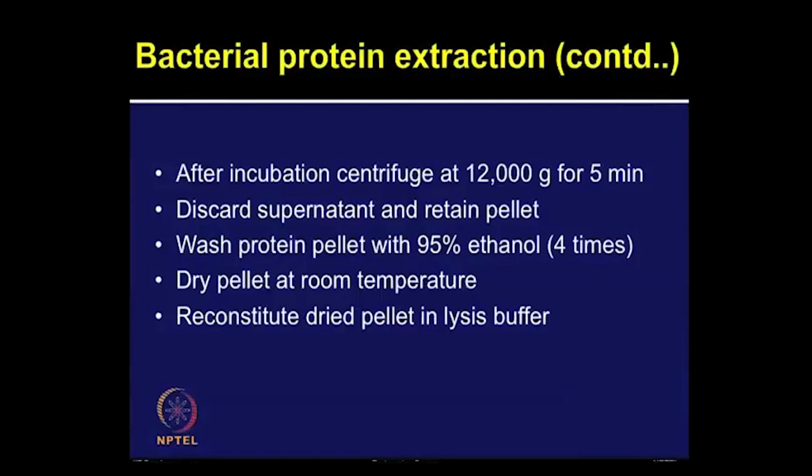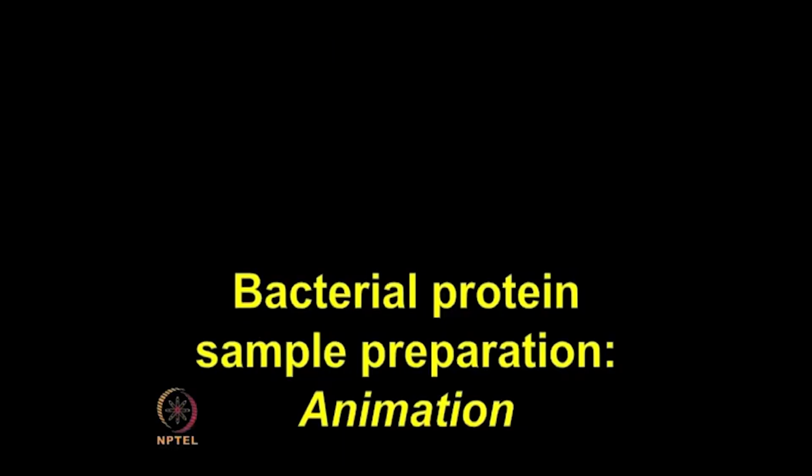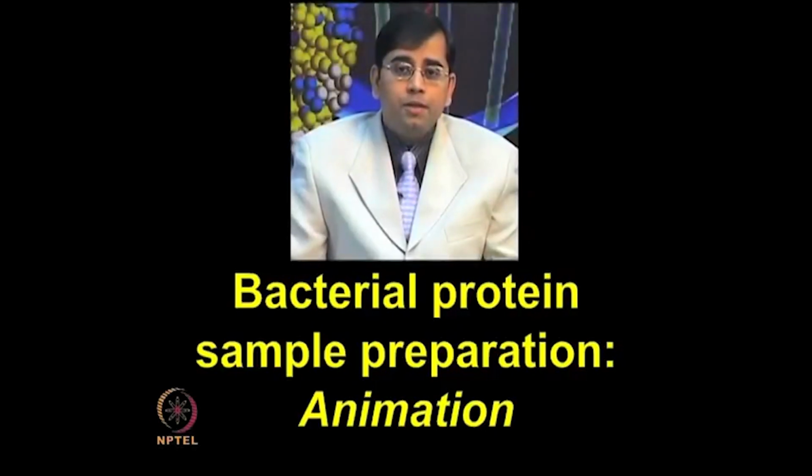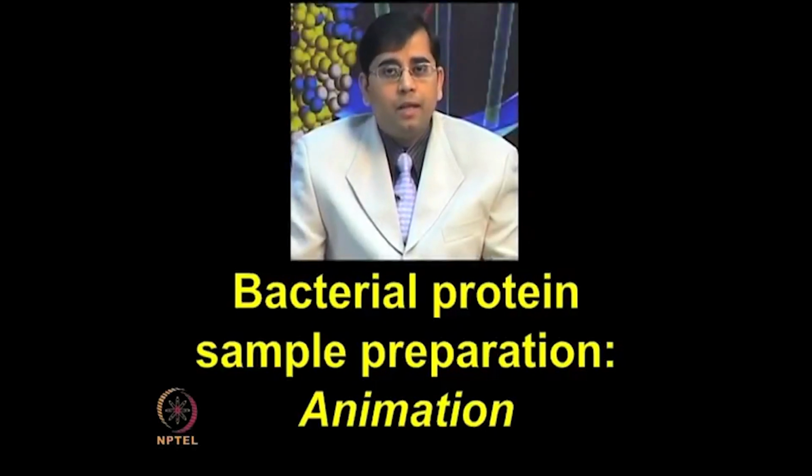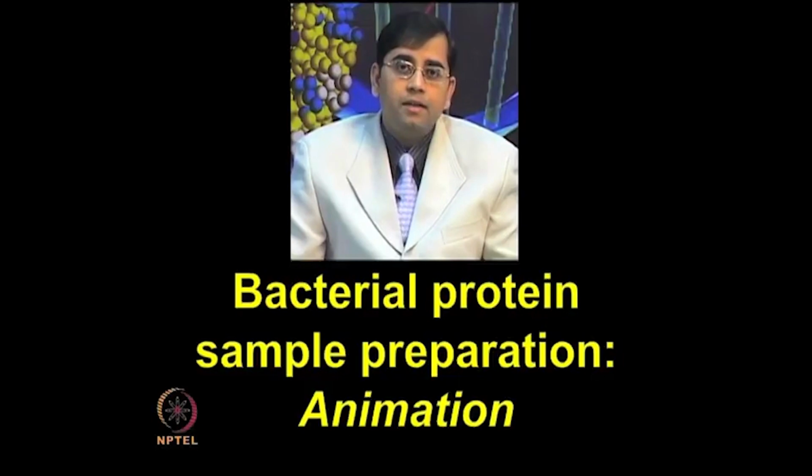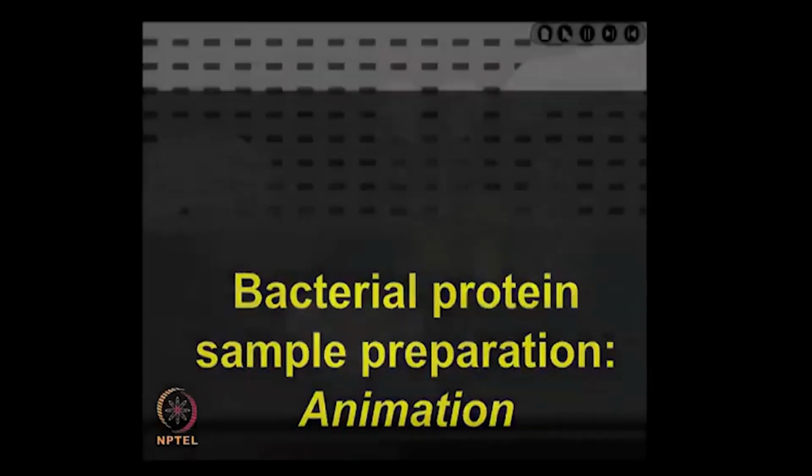Or if you want to analyze on SDS-PAGE, you can add the Laemmli buffer. So, depending upon your application, you can reconstitute the dried pellet in the right buffer composition. Let me show you the bacterial protein sample preparation in the interactive animations.